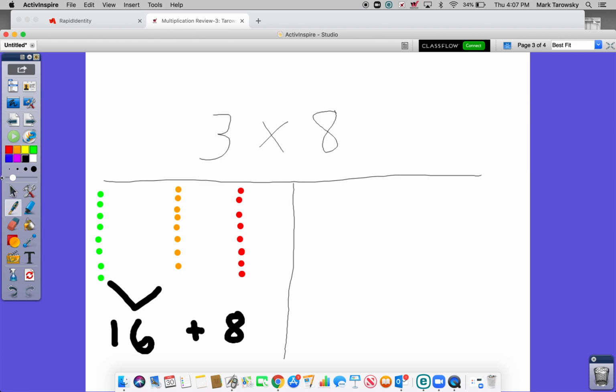Now if I go the other way with it, we're going to have a lot more groups. But the benefit is there's 1 group, 2 groups, 3 groups, 4, 5, 6, 7, 8.